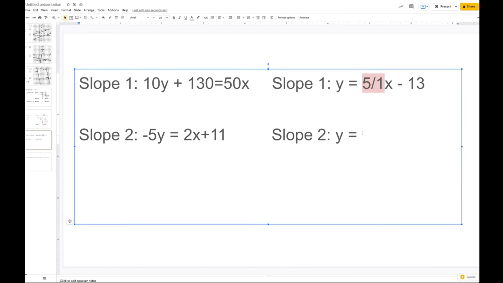Anybody have the answer for the second one? Thank you, Troy, again, for carrying this part of the lesson.